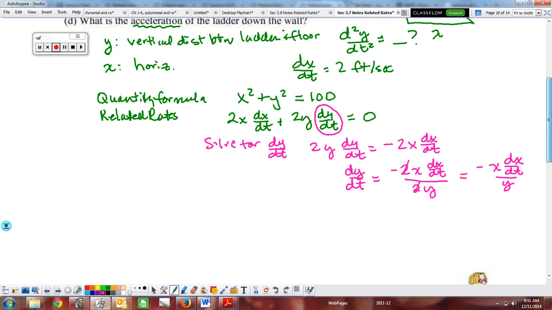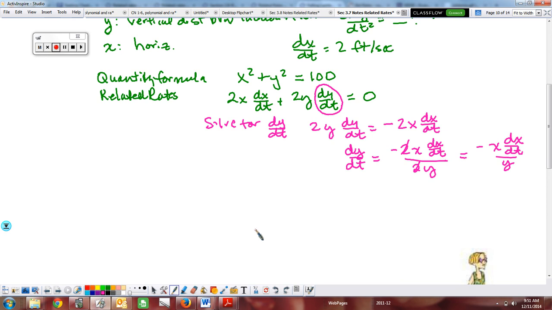I'm going to solve that over, mostly because it's easier to take your second derivative in this notation.